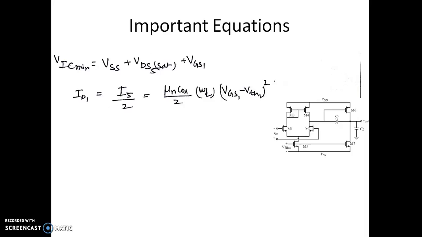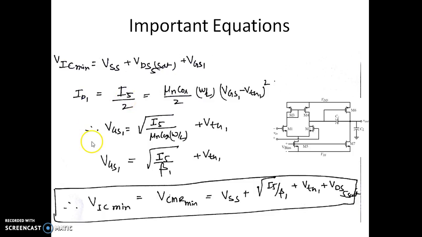Similarly, we can write the minimum common mode voltage that can be applied to keep the MOSFET in the saturation region by considering VSS, VDS5 and VGS1. That is VSS plus VDS5 saturation plus the VGS1. We know that ID1, the current flowing through MOSFET M1, can be written as I5 by 2. So we write this VGS1 in the form of I5 and beta.